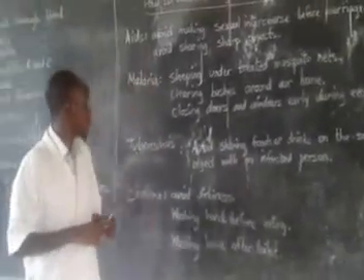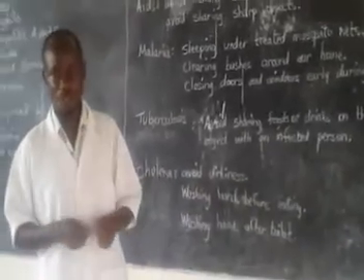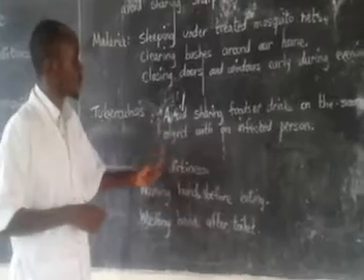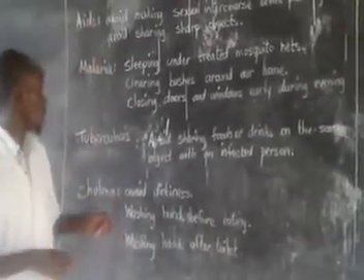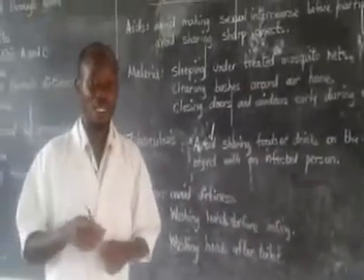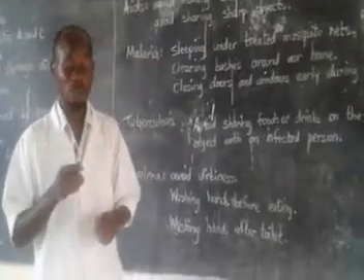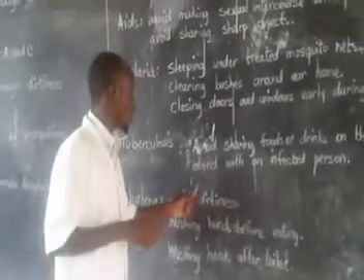Okay? How do we have to avoid tuberculosis? What can we do? We have to avoid sharing foods and drinks on the same object with infected people. When someone is infected with tuberculosis, don't share food or drinks with them on one object.